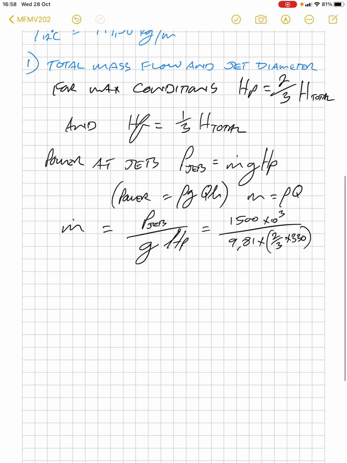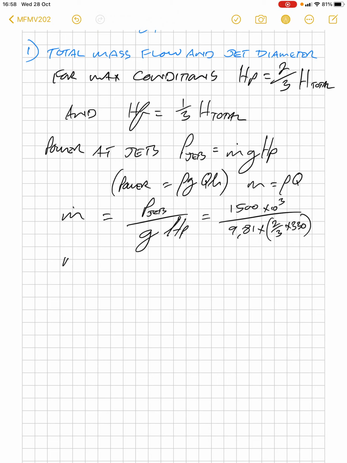So our mass flow rate would be equal to 695 kilograms per second.